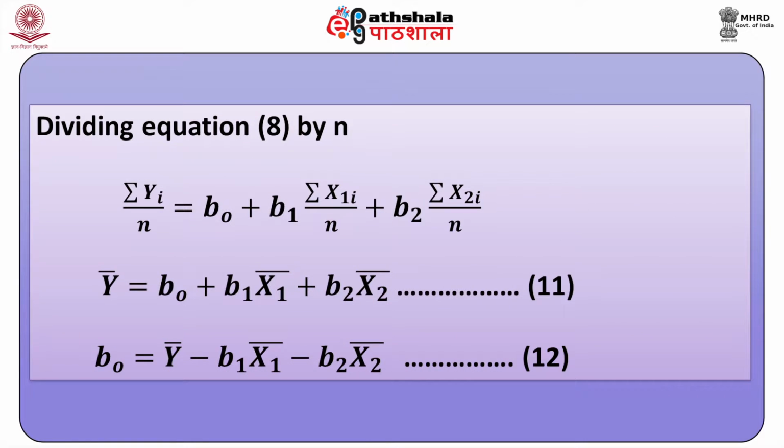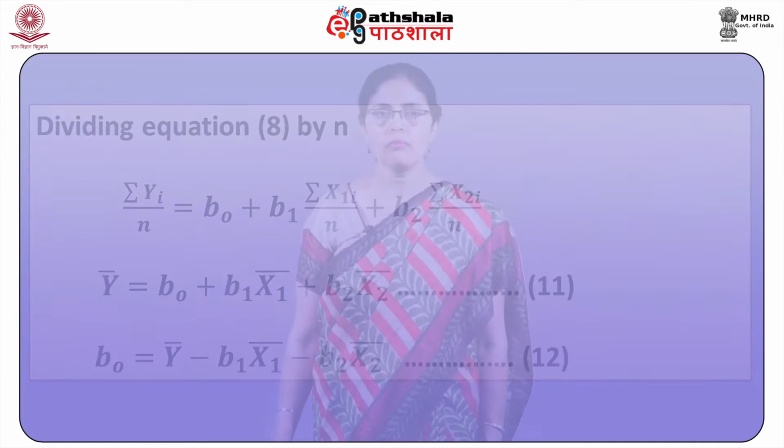Dividing equation 8 by n, sigma yi upon n is equal to b naught plus b1 sigma x1i upon n plus b2 sigma x2i upon n. Y bar is equal to b naught plus b1 x1 bar plus b2 x2 bar. B naught is equal to y bar minus b1 x1 bar minus b2 x2 bar.